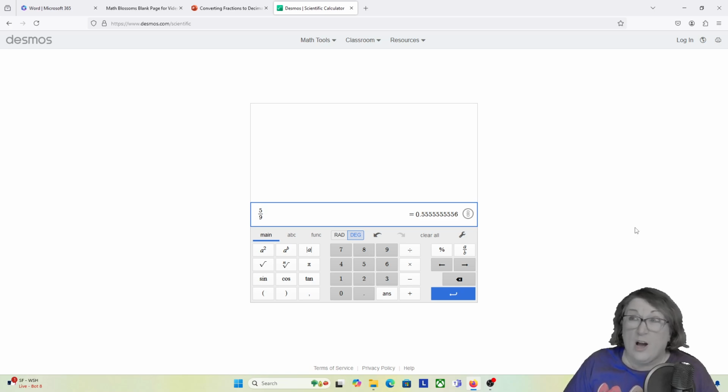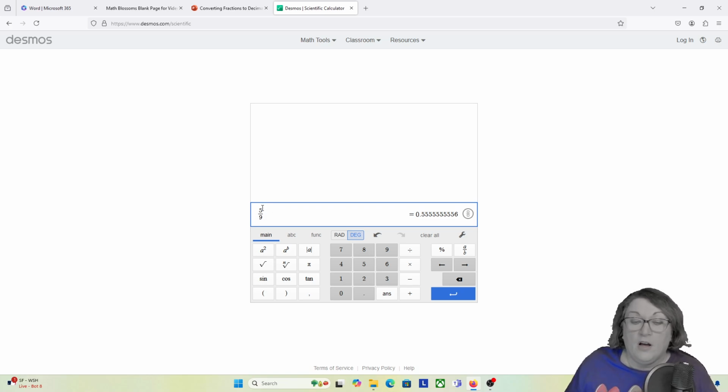That just means your calculator cannot hold as many digits as a repeating 5 has, because repeating 5s go on for infinity. Your calculators can't go on for infinity, right? So your calculator is going to naturally round it at that very last space if it can, but that does not mean it's not a repeating 5. It is a repeating 5. They just rounded it, okay?